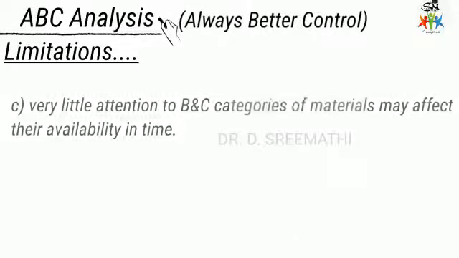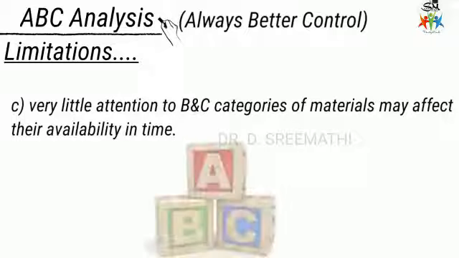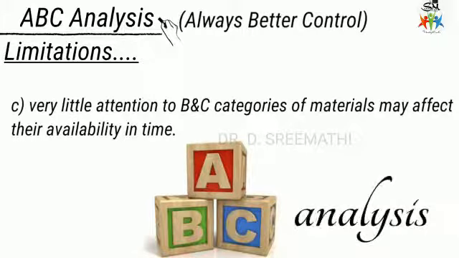And very little attention to B and C categories of materials may affect their availability at times. If it is not available at a particular time, then it will lead to a layoff, that is, stopping the production. So it is a bigger limitation of ABC analysis.